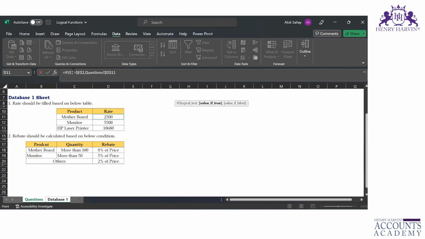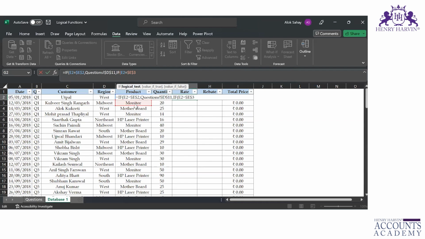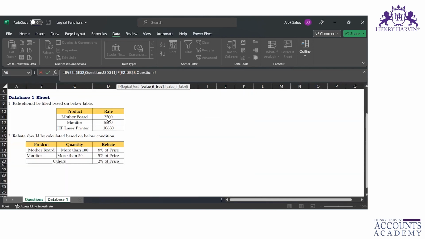So I put a condition that my product should be equal to motherboard, then my rate should be 2500. Similarly, I'll provide if again my product E2 is equal to E3. In E3 there is monitor.